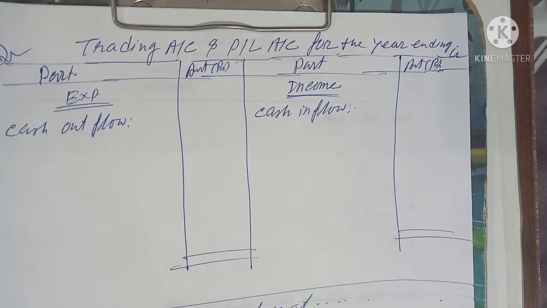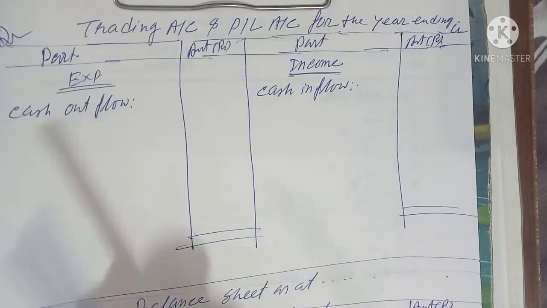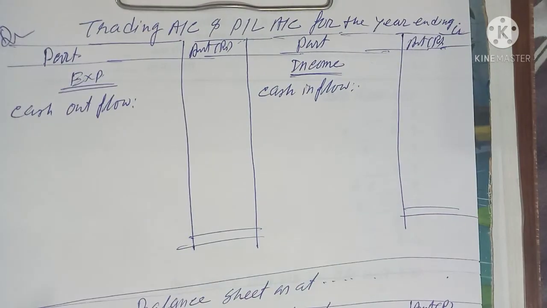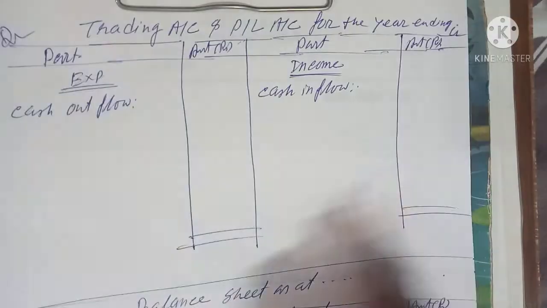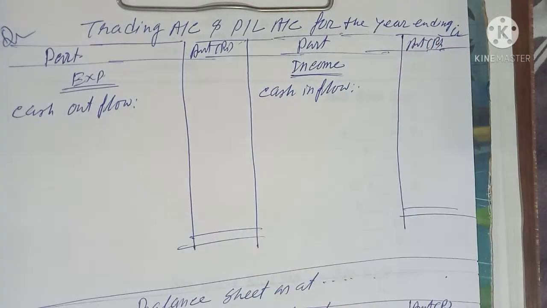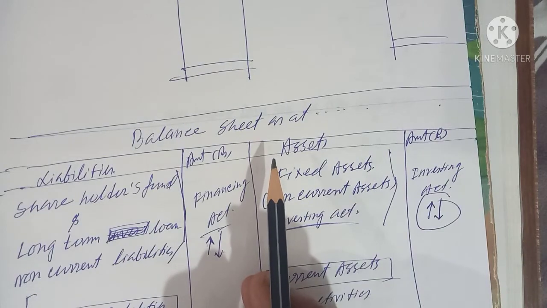The format of the final account, every one of you knows. Here I wrote the trading account and profit and loss account together, for the year ended, and here the balance sheet.